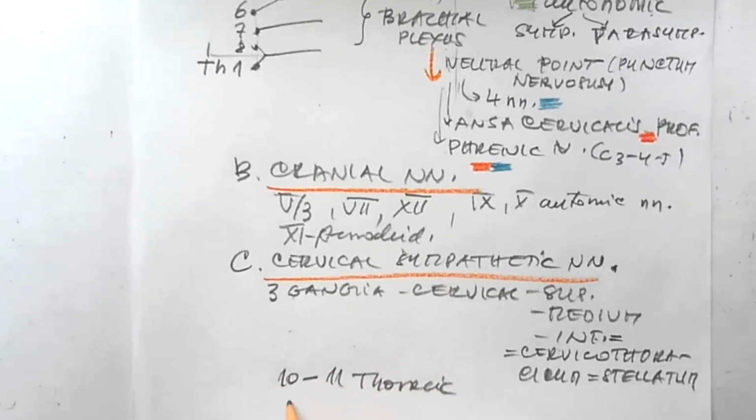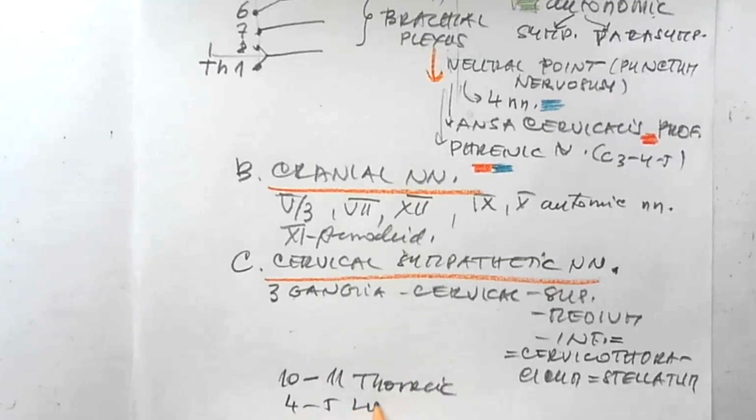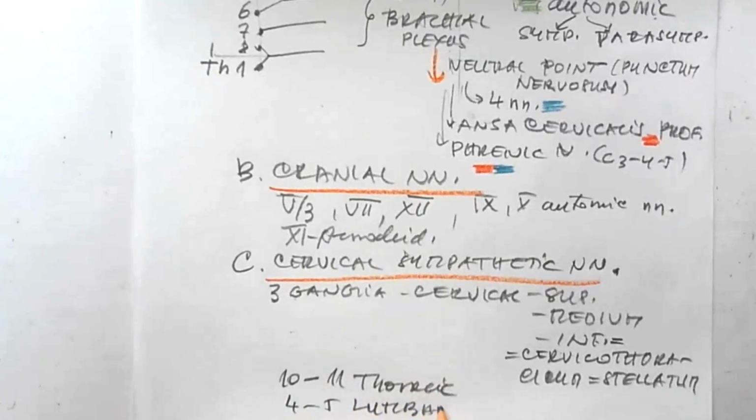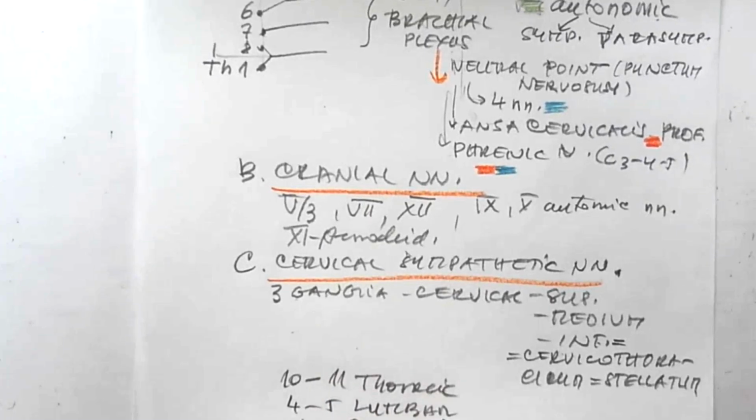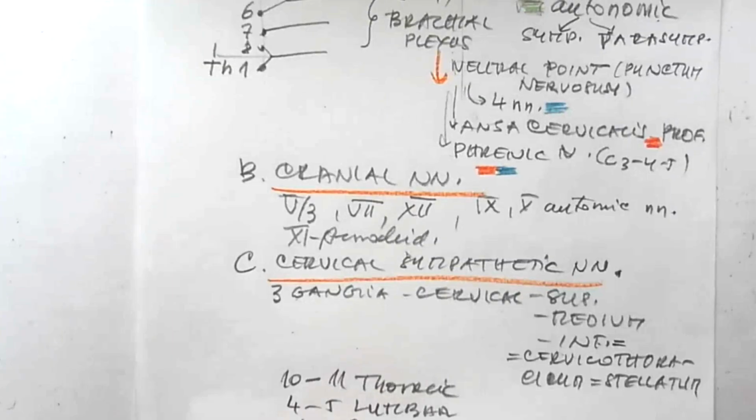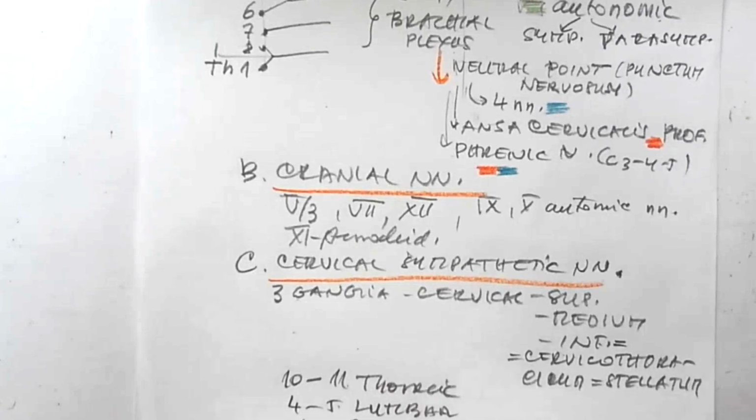Then usually 4 to 5 lumbar. Then usually 4 small sacral, and 1 coccygeal, called impar.